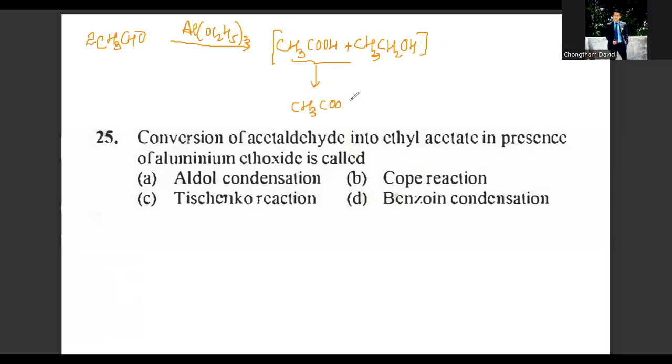Esterification is going to happen. They are like the best friends, okay? Once they meet together, they will readily change to a very stable, fruity smelling product called ester. Now 25 will be option number C. This is a name reaction. This reaction is called the Tishchenko reaction.